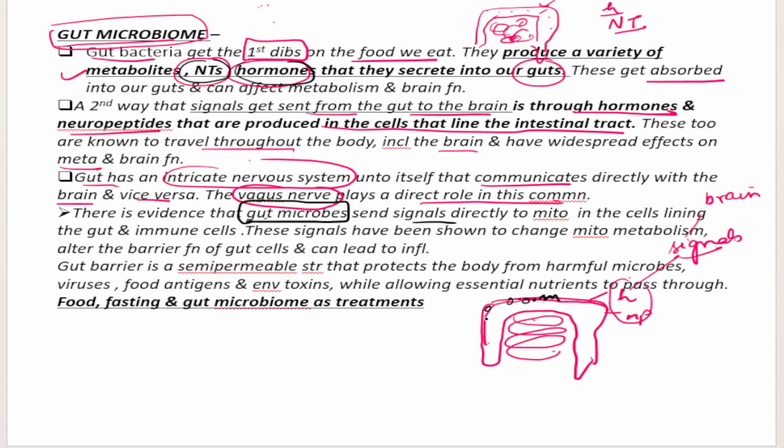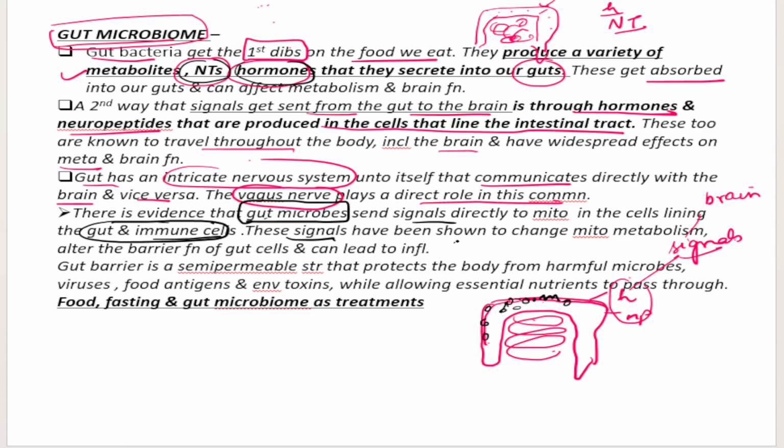So suppose these are the microbes in the gut; they are sending signals directly to the mitochondria in the cells lining the gut, and also to the immune cells.